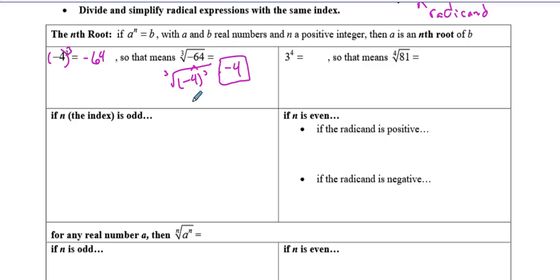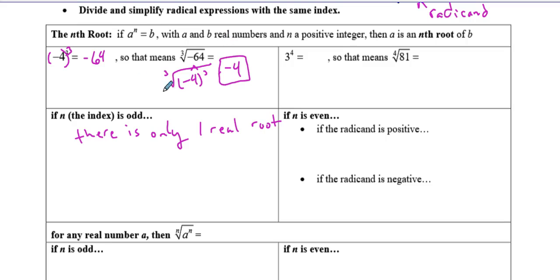All right? And that's because for n, when the index is odd, right, there will be one real root. All right, and it's always just the same sign, right, of what the number is on the inside.